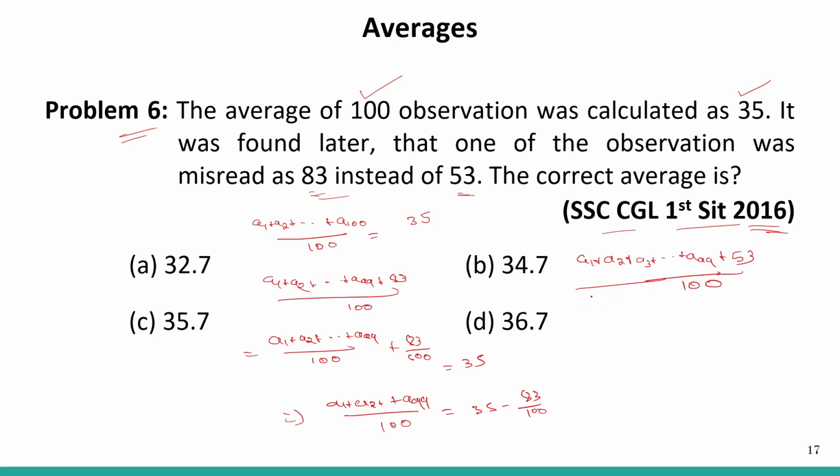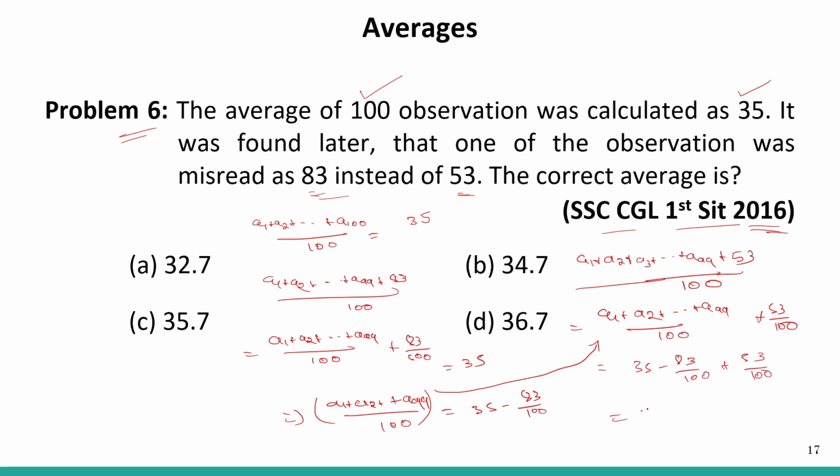So we can write this is equal to A1 plus A2 plus dot dot dot A99 whole by 100 plus 53 by 100, right? So this will also be the correct answer. We have evaluated this part from here and we will put it in there. So this will be equal to 35 minus 83 by 100 plus 53 by 100.